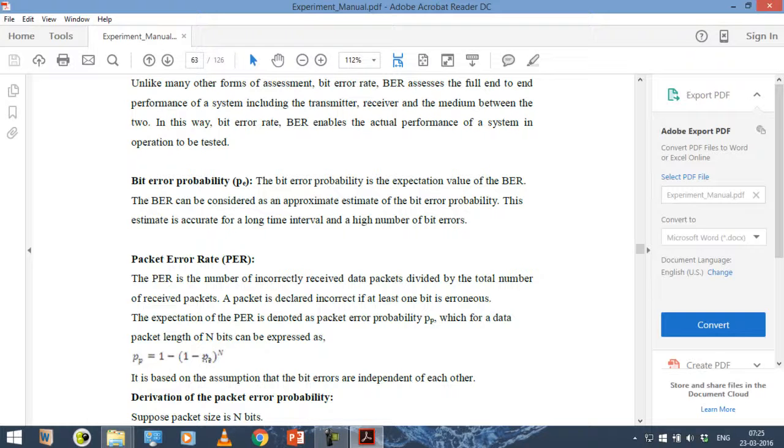So 1 minus P is a bit with no error. As the total size of the packet is n bits and each bit is independent of the other bits, 1 minus P whole power n is the probability of a packet with no error, and 1 minus (1 minus P) whole power n is the packet with error. So this is how the formula is derived.